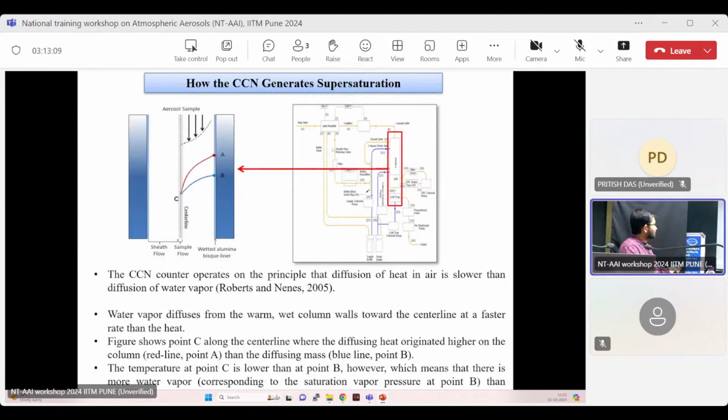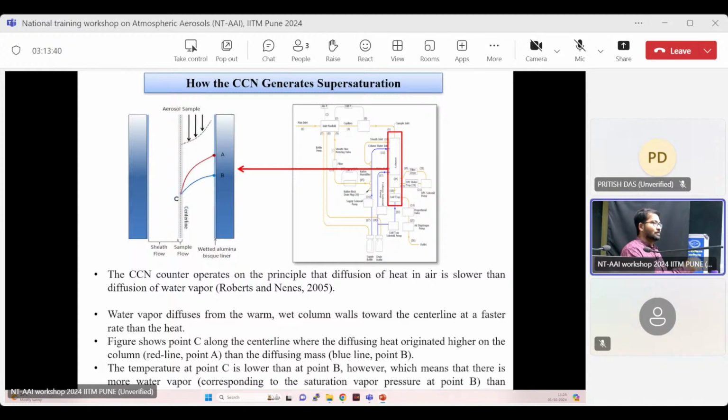This is the schematic diagram of how this CCN counter works. There are 2 wet valves with porous materials, from where there is a continuous flow of water, which is always creating a supersaturation environment. You have different temperature set points here, with the temperature gradient going higher from top to bottom. Always remember that this is the sample line.